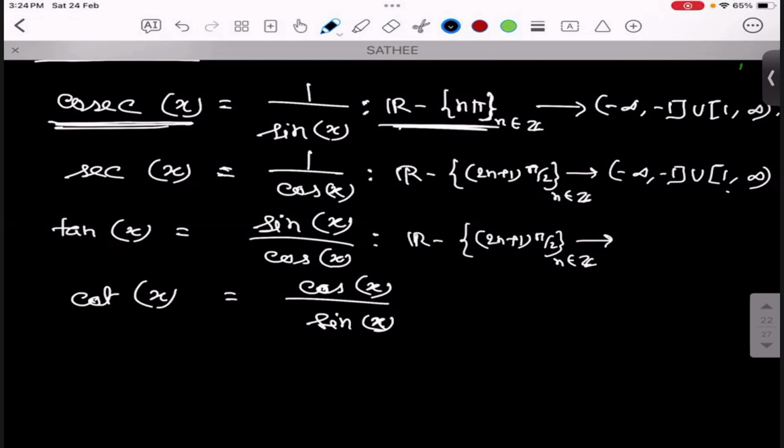Right? So if we choose a particular value, then we can clearly see that, okay, how to understand this thing is difficult. Okay, cos x can be written like this. This is the domain of 1 by cos x.